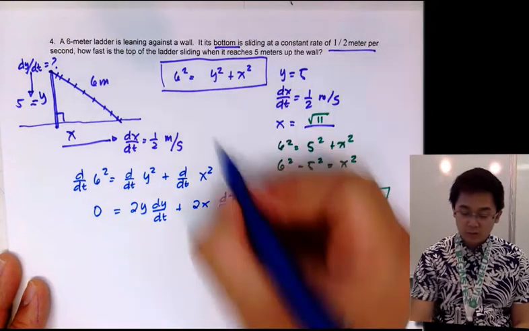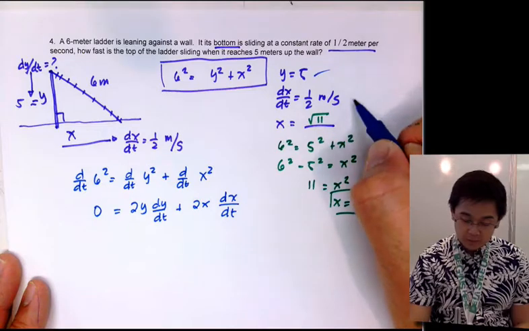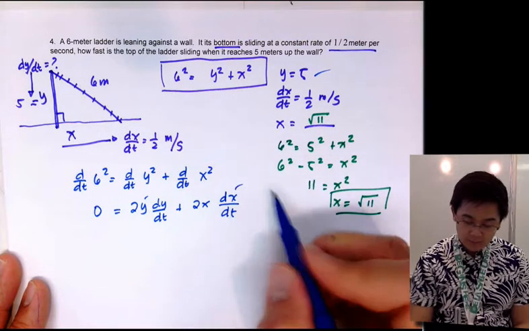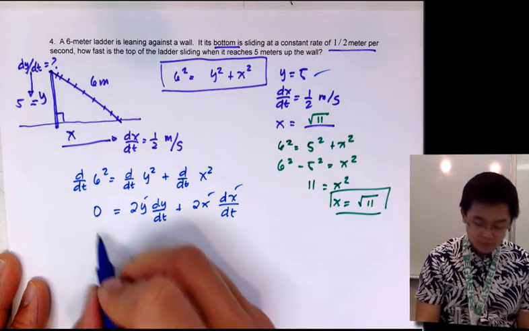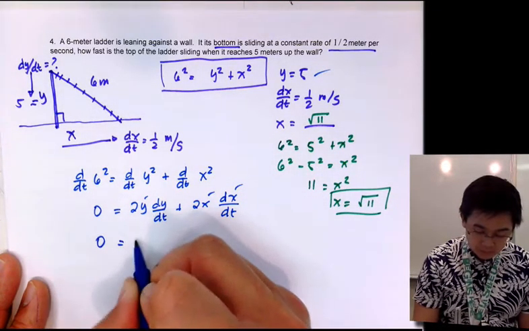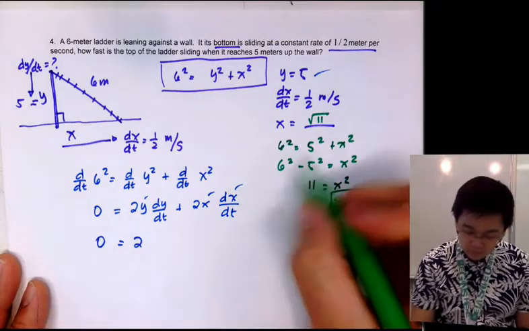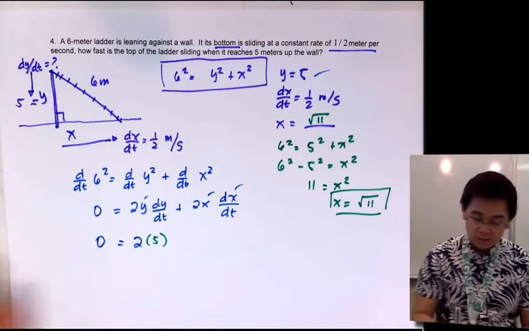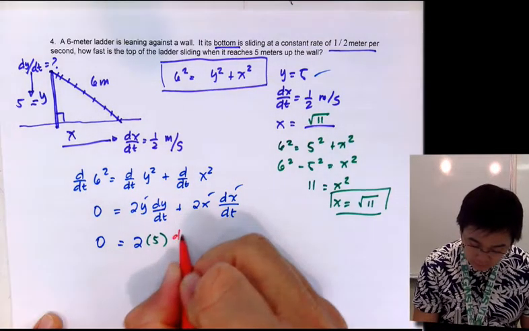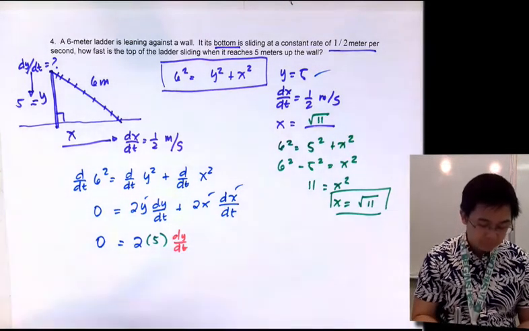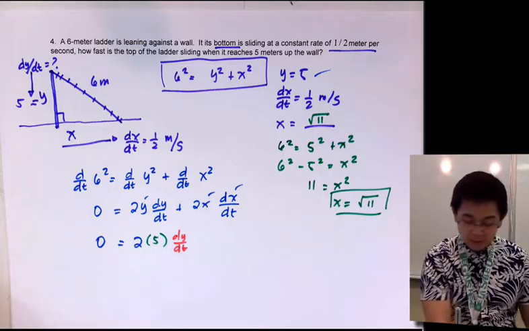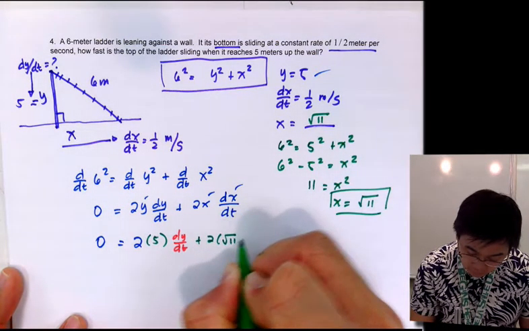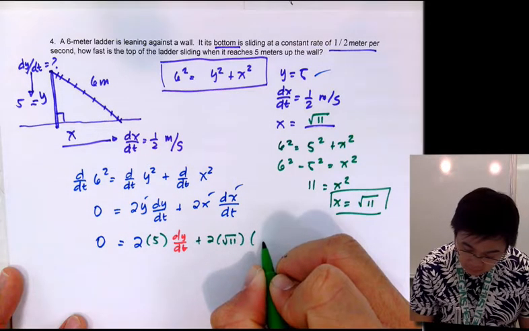And from our information, we have the y, we have the dx/dt, and we have the value of x. So let's plug it in. So we have 2 times the value of y, which is 5, dy/dt, which is missing, so let's leave it as dy/dt, plus 2 times square root of 11 times dx/dt, which is 1/2.